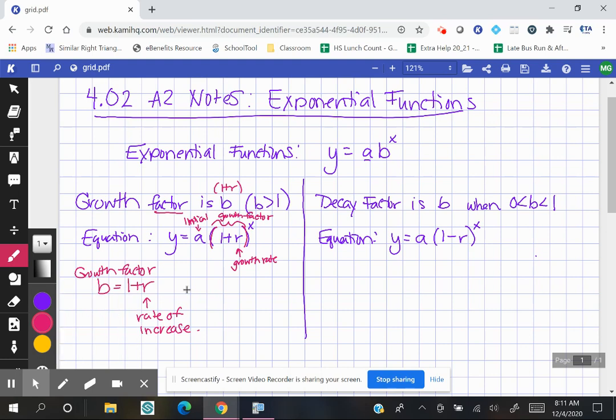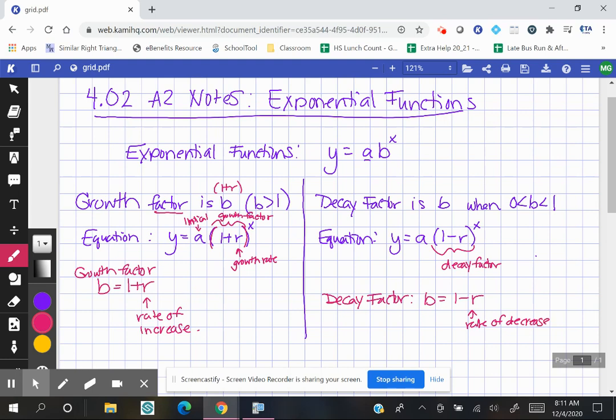So again, a is going to be your initial amount, 1 minus r is going to be your decay factor. Think factors in parentheses. And again, your decay factor, we'll write that out here, is b equals 1 minus r. And this would be your rate of decrease.